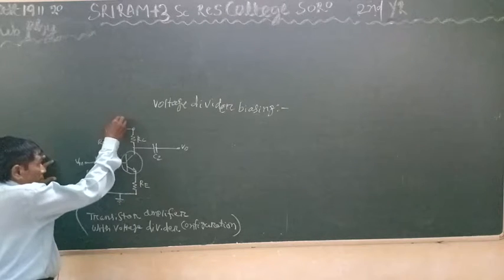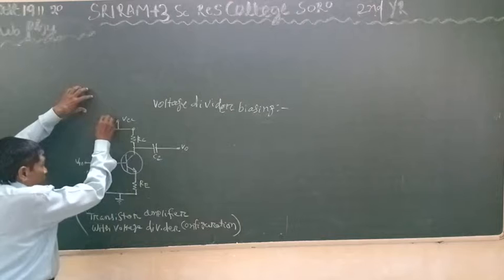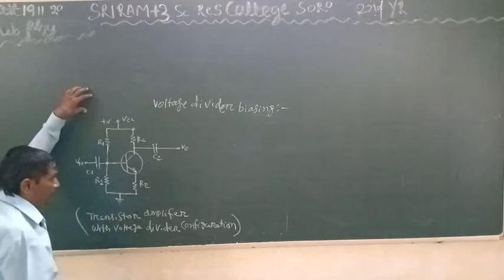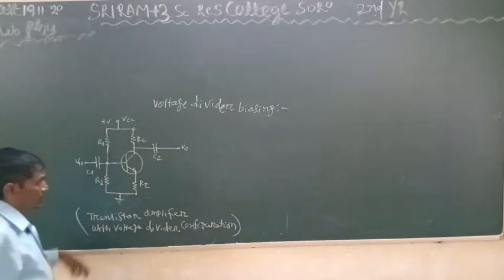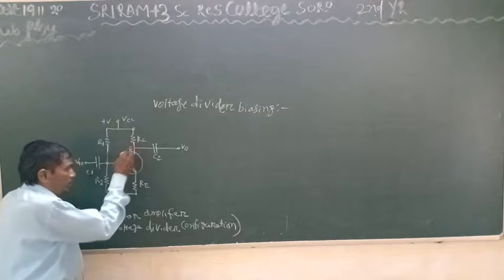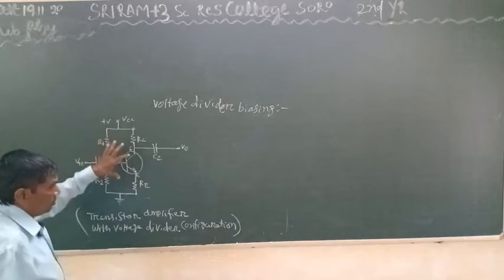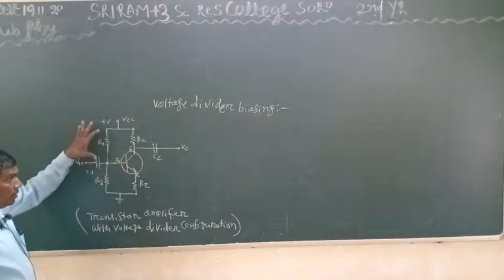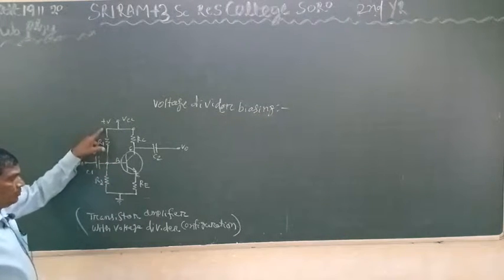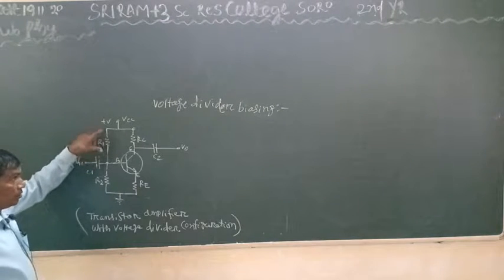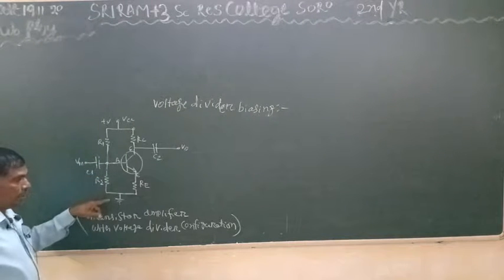So in this circuit, we apply the supply voltage, the positive supply and the negative supply. In this transistor, that is the collector point, that is the base point, and this is the emitter point. In this circuit, R1 is connected to positive and R2 is connected to negative.